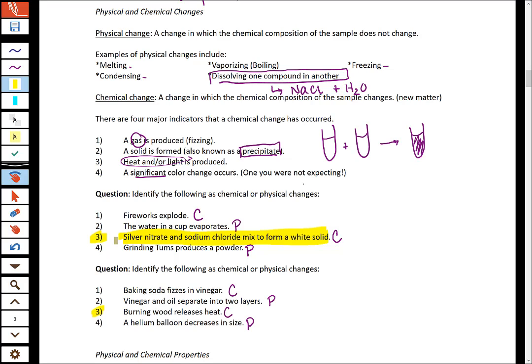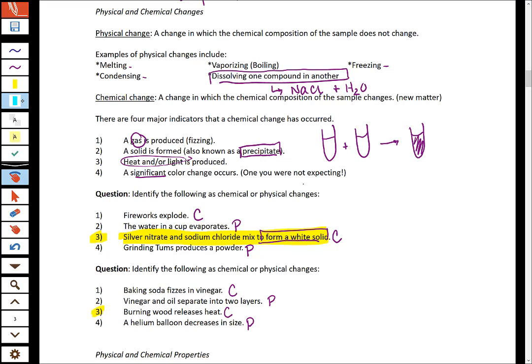Sometimes this one's really difficult because it comes earlier than what you're expecting for a chemistry class, right? We haven't learned what silver nitrate and sodium chloride are, and you don't know what they look like. But whenever you see something that says to form a white solid or to form something else, it means that there was a chemical change.